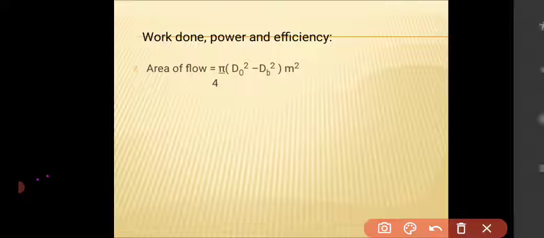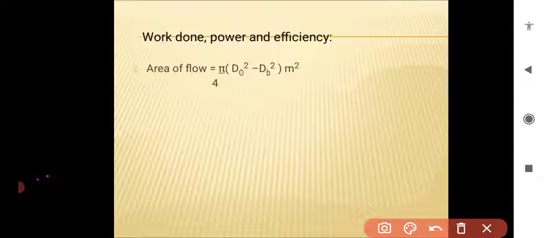Now there are some salient points, some important points for the Kaplan turbine. Area of flow at inlet is equal to area of flow at outlet.